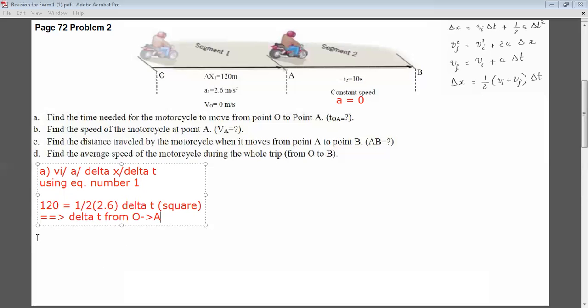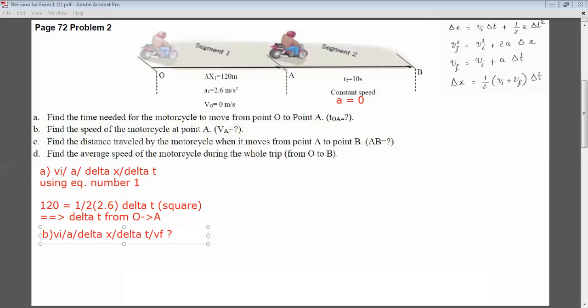Part B. Find the speed of the motorcycle at point A. So this is also from O to A, okay? And it needs the V at A. So again, I have the initial, I have acceleration, I have delta x, now I have delta t, and it's asking for the final.